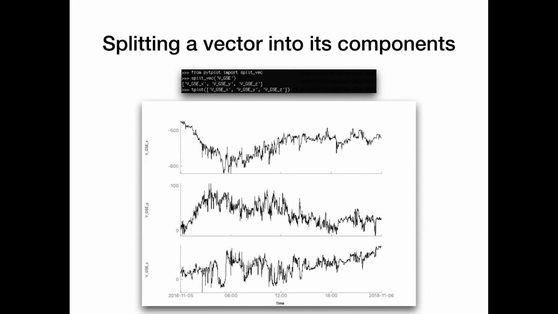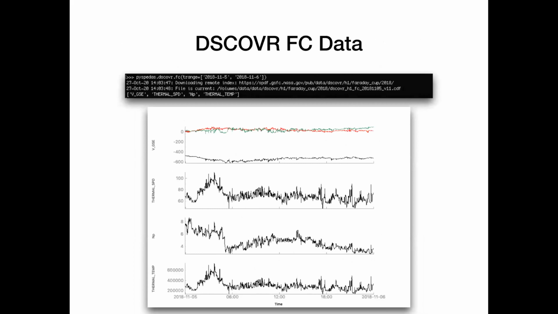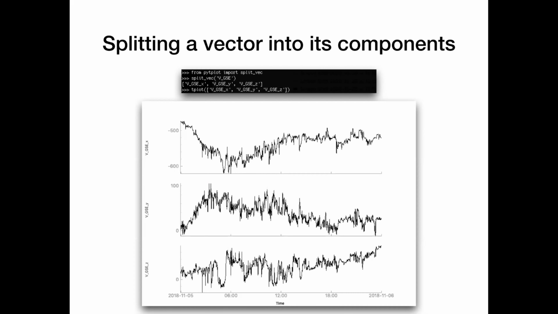It just appends X, Y, Z to the name. In this example, we took the VGSE loaded from the Faraday cup data from Discover, fed that to splitvec, and it created 3 components: the X component, the Y component, and the Z component. And then we call tplot on those components to create the plot.